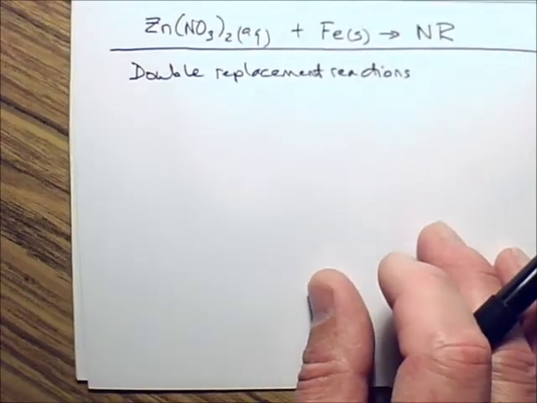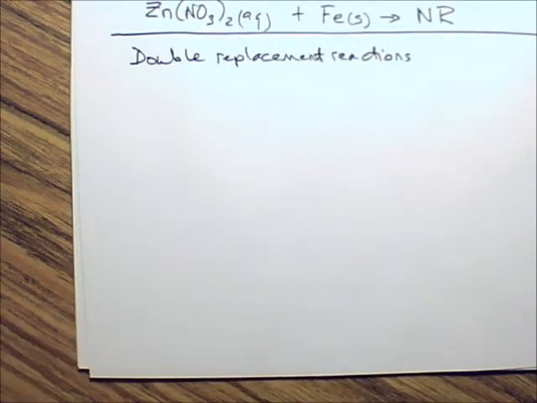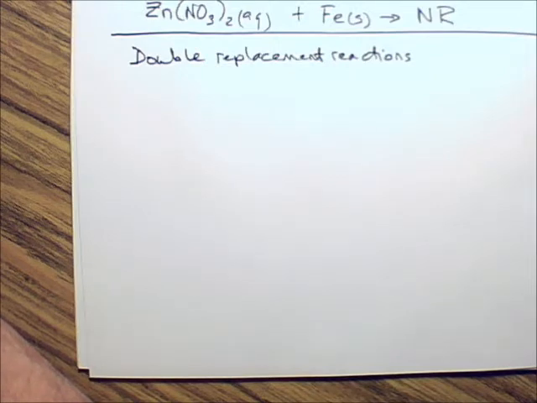Now, double replacement reactions have a different driving force. So you first have to figure out whether your chemical reaction is single replacement or double replacement or something else, because you can't apply the driving force for a single replacement reaction to a double replacement reaction. You have to classify it first.